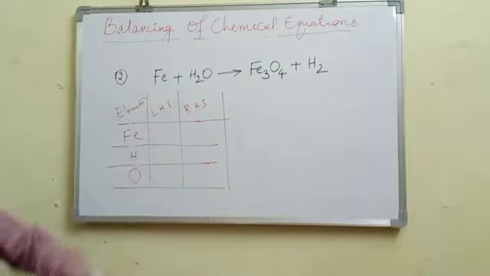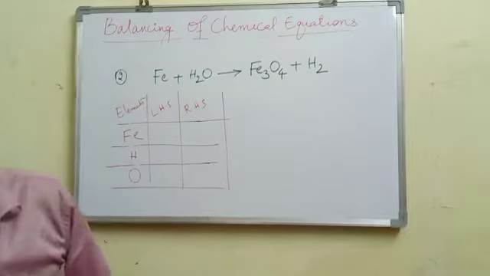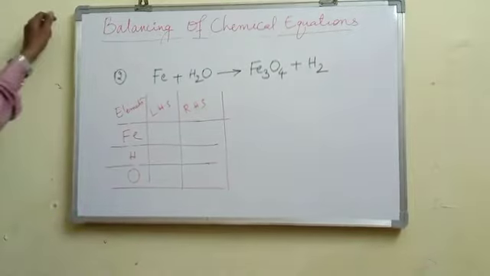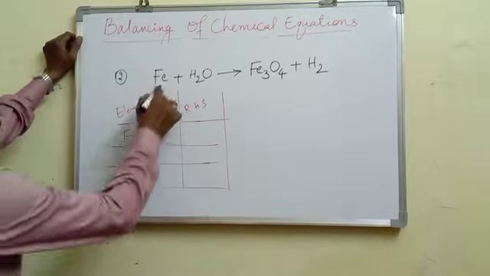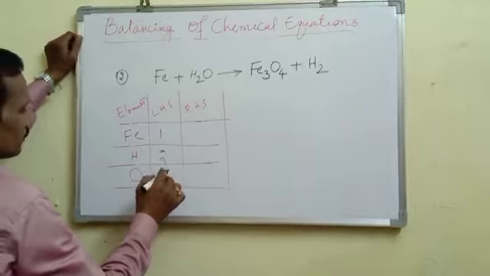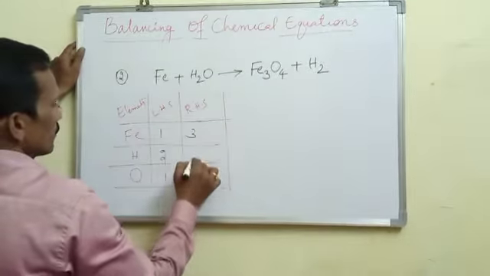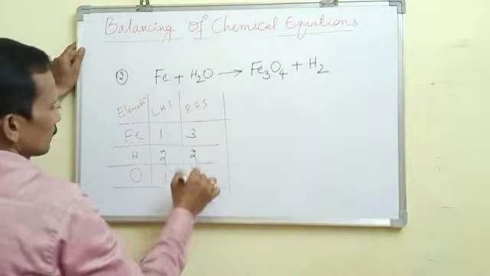If you observe this equation, Fe plus H2O gives rise to Fe3O4 plus H2. Now here iron is 1, hydrogens are 2, oxygen is 1. Here iron is 3, oxygens are 4, hydrogen is 2.